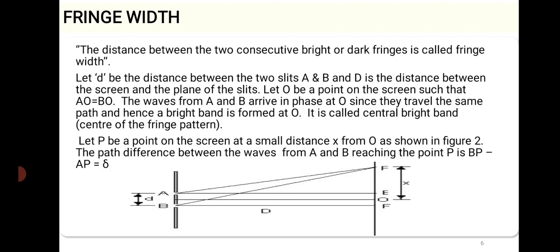Let P be the point on the screen at a small distance x from O, as shown in figure 2. The path difference between the waves from A and B reaching the point P is BP minus AP.